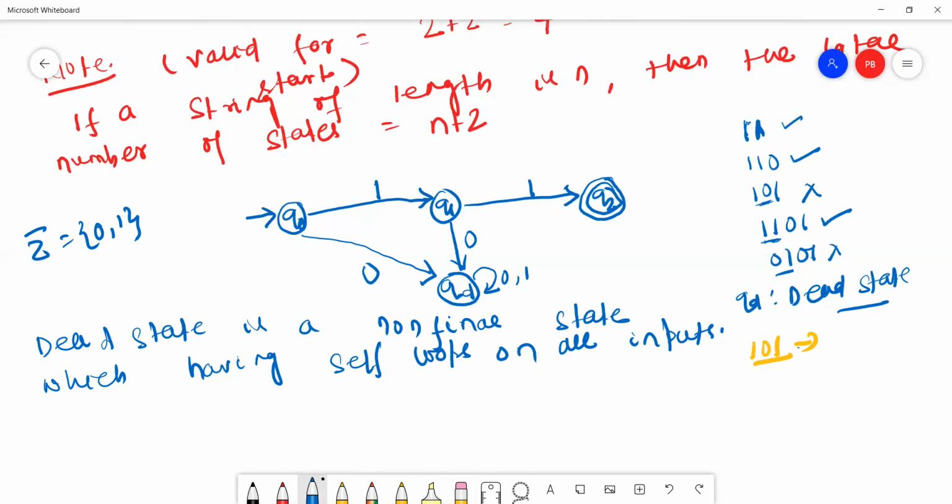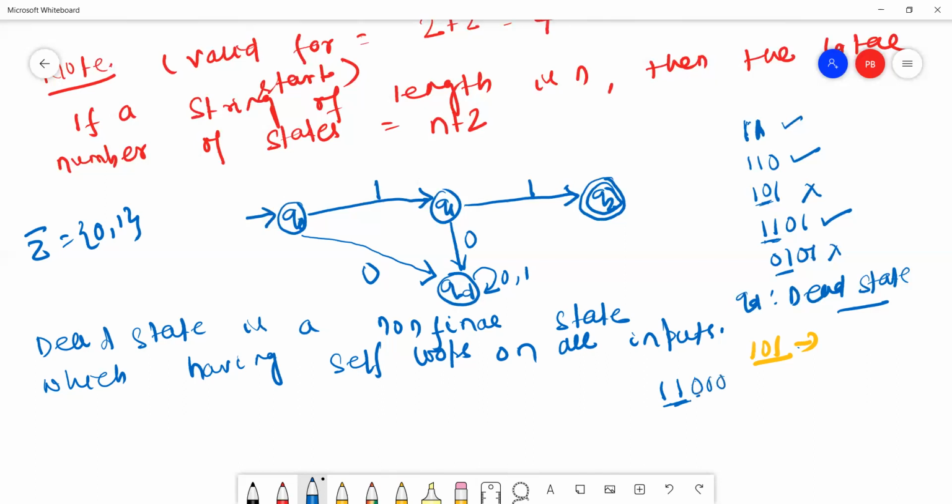Now for Q2. See here, every string must start with two 1s, first one and second one. After that you can take any number of zeros and any number of 1s.